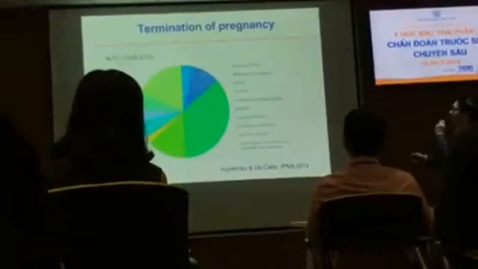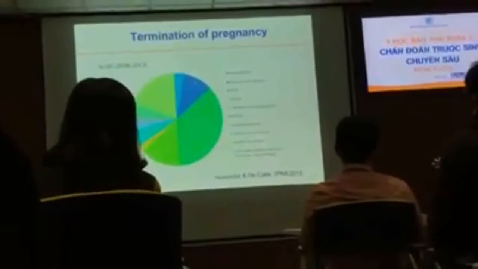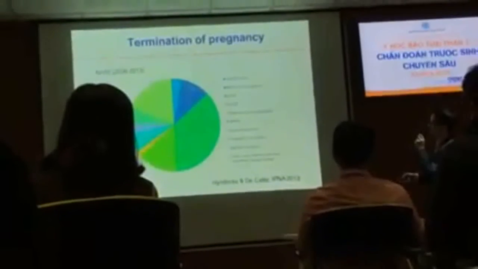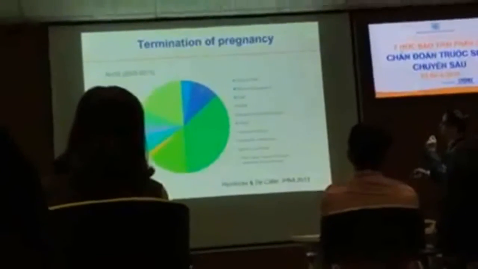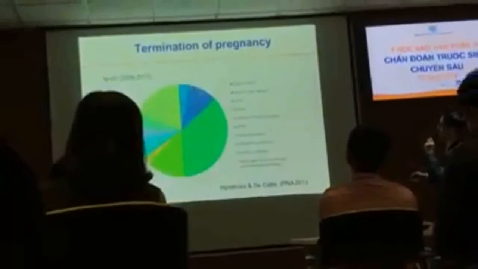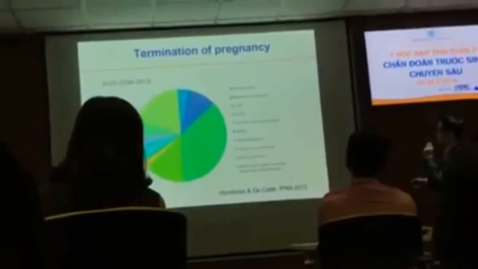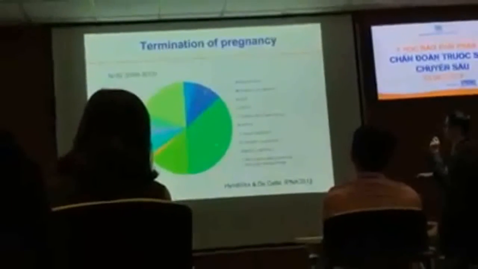Then the VACTERL association is quite severe. VACTERL includes multiple organ involvement, so it is suggested not to keep the babies. Then bilateral renal hypodysplasia, which is quite rare, and also ARPKD, cloacal dysgenesis, metabolic renal disease, genetic syndromes, and other major malformations with renal pathology.